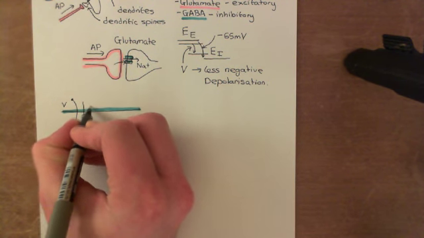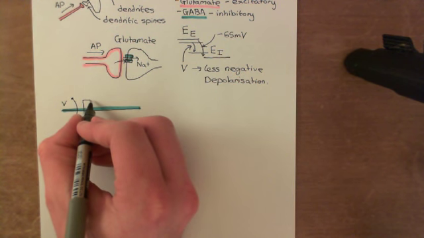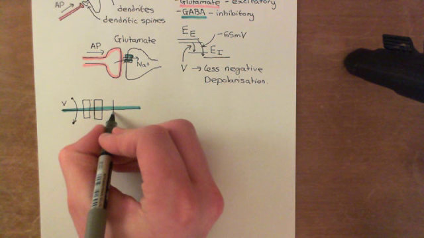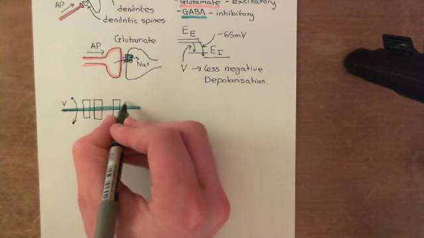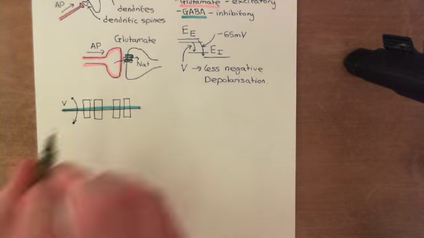Okay, so the first thing that happens is you're going to activate the voltage-gated ion channels. Okay, so I'll draw these here. So we need two types of voltage-gated ion channels when we're going to discuss the action potential. I'm just going to draw them very, very simply at the moment. Okay, just like so.